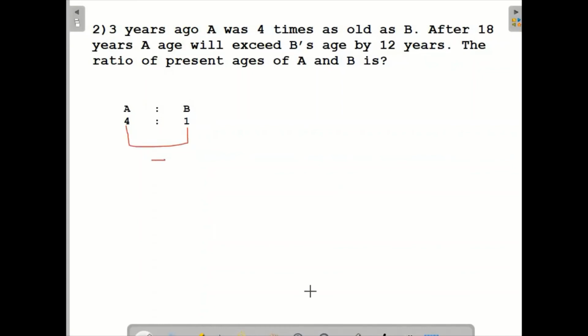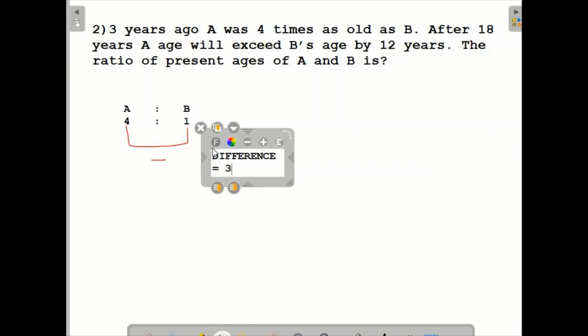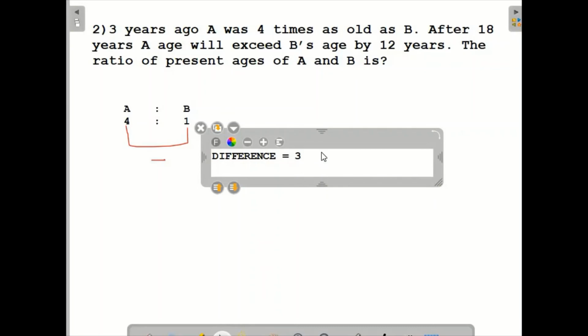So difference equal to 3 for 12 years. So for 1 year, it is 4 years.